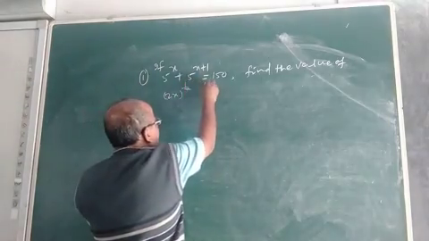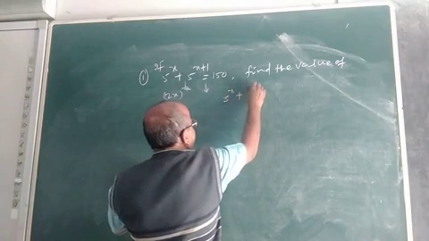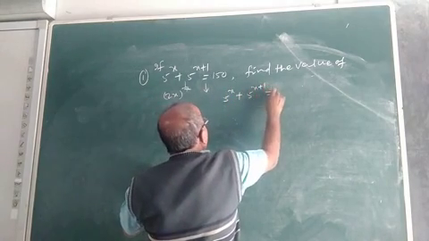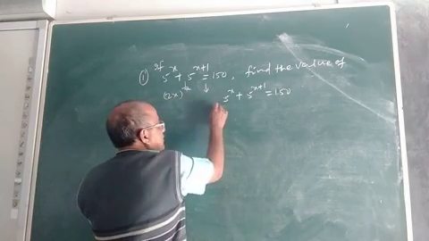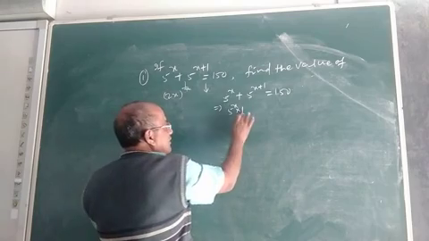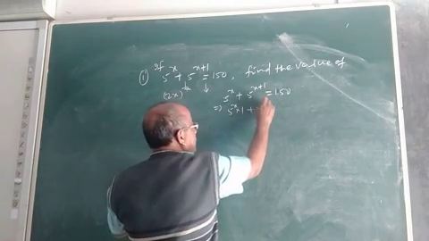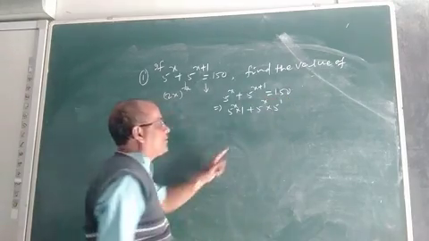See, in order to solve this particular question, we are given 5 to the power x plus 5 to the power x plus 1 equal to 150. Now, this 5 to the power x can be written as 5 to the power x into 1. Now, 5 to the power x plus 1 will be written as 5 to the power x into 5 to the power 1. Why?